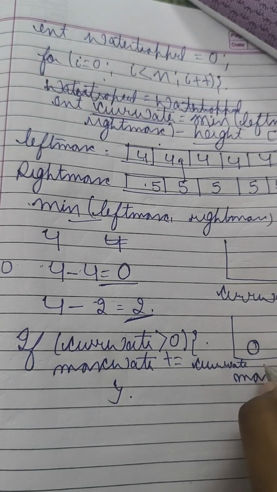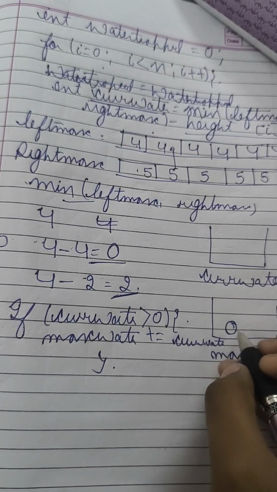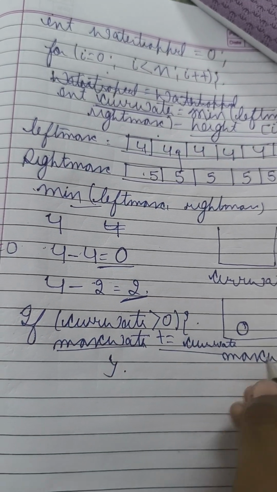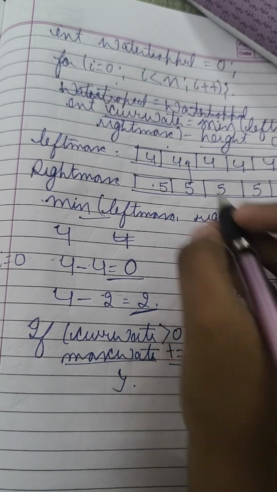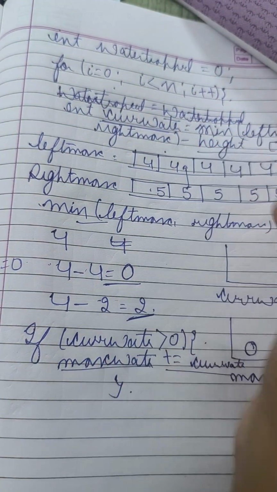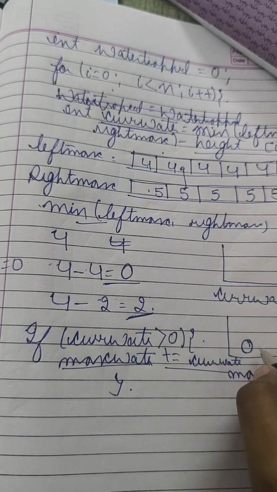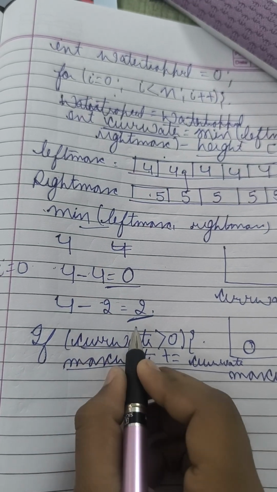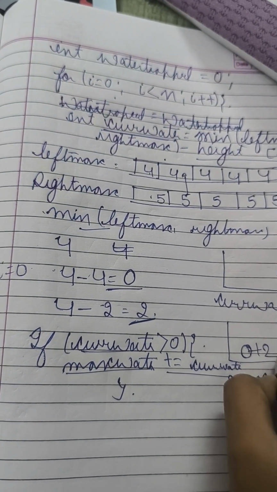Max water is one more variable I have created, and right now it is storing the 0 value, and each time max water equals max water plus current water. Are you getting what is current water? Current water is the minimum of left max, right max minus height of I. So now after getting this 0, it will go under the condition: current water is greater than 0, so max water equals max water plus current water.